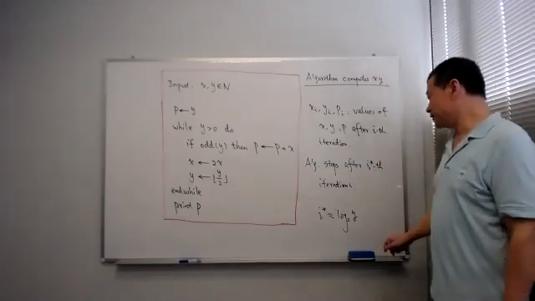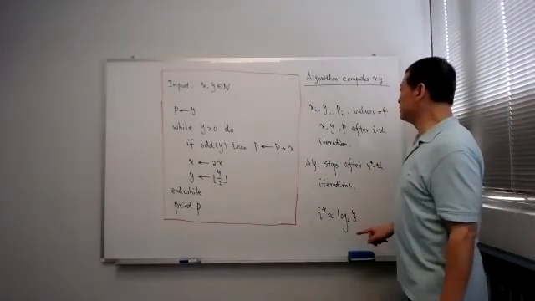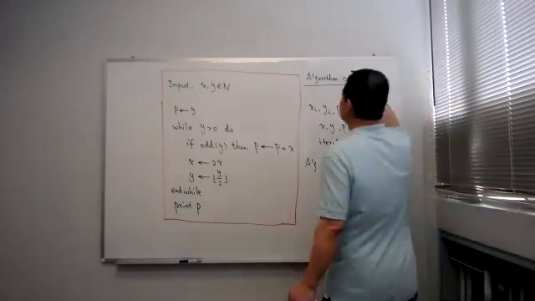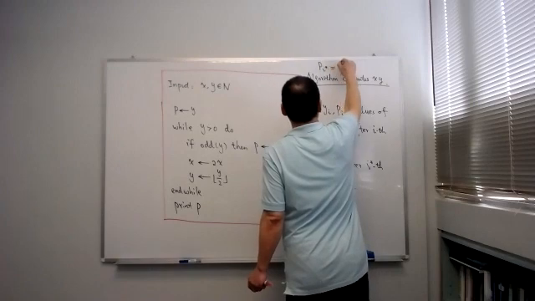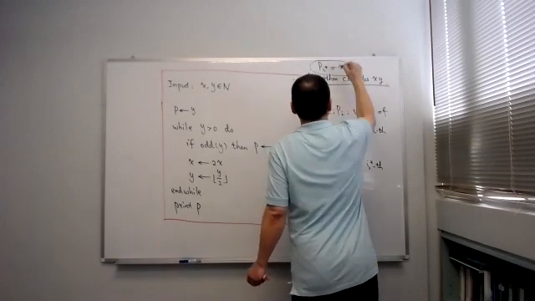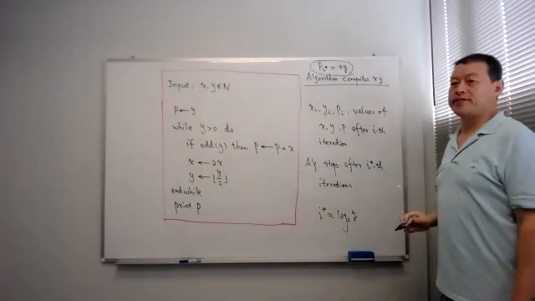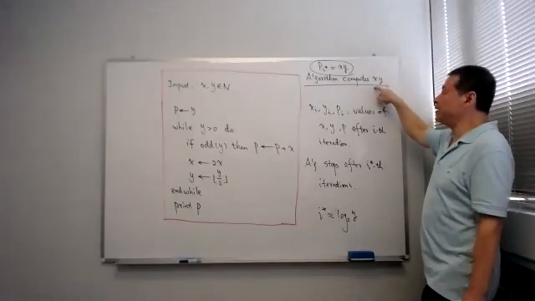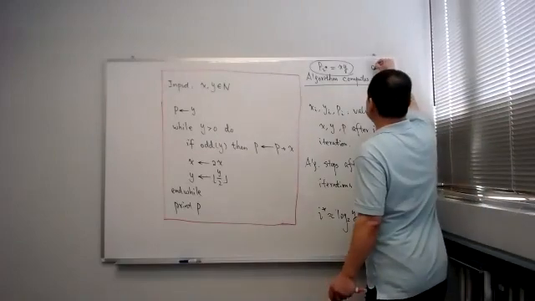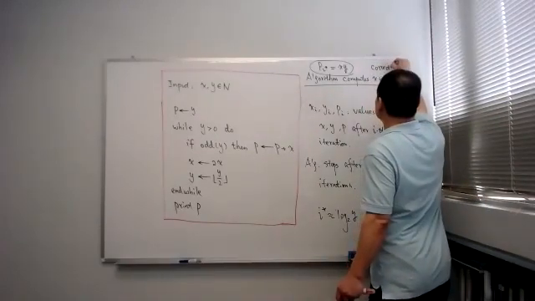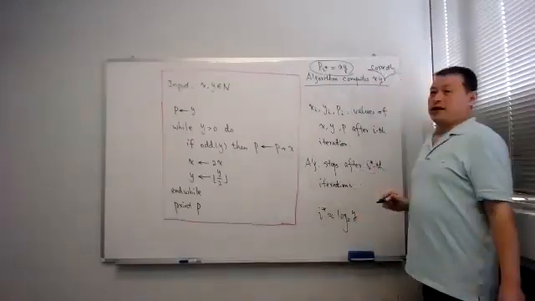And after it terminates, we want to show that p_i star equals xy. That's what we want to show, in order to prove the algorithm correctly computes xy. Maybe to emphasize, correctly. All right.